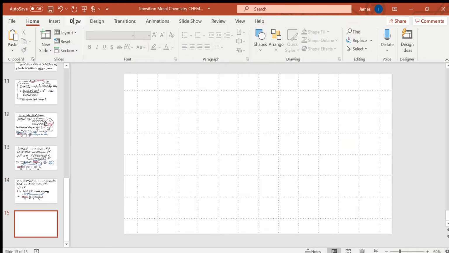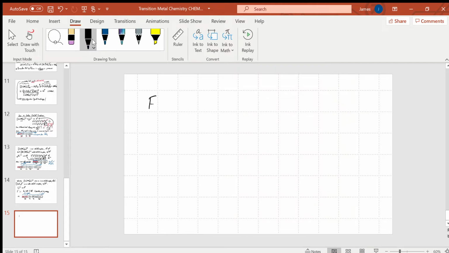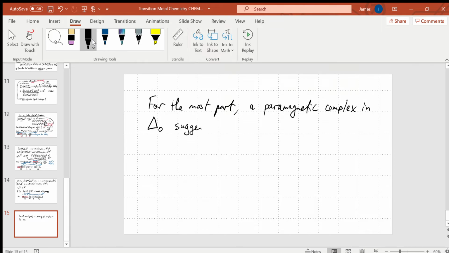So for the most part, a paramagnetic complex in an octahedral field suggests, if it's paramagnetic, it would suggest an outer orbital complex.